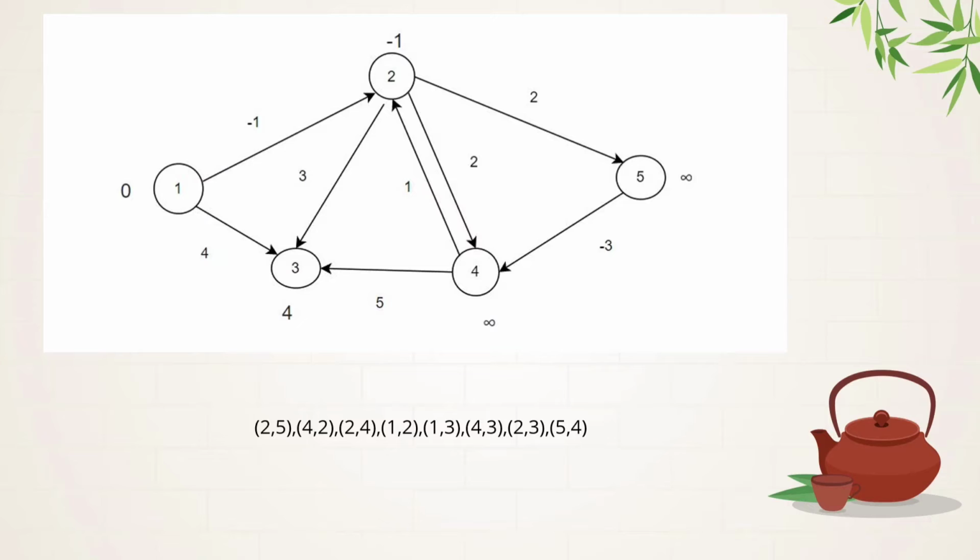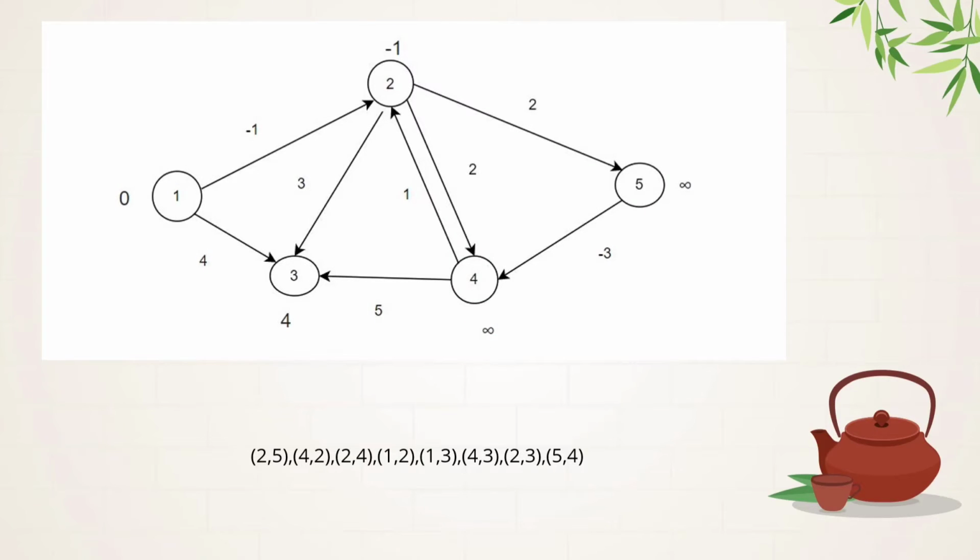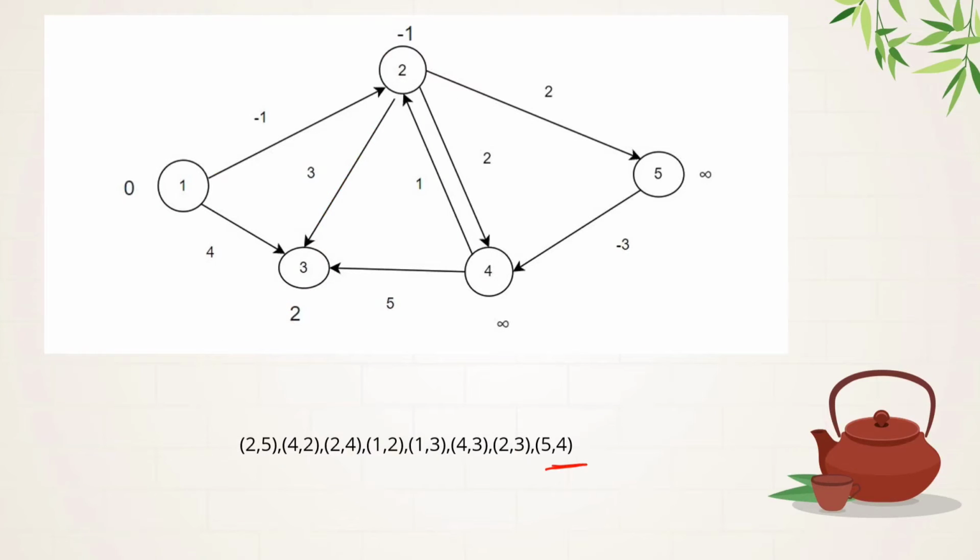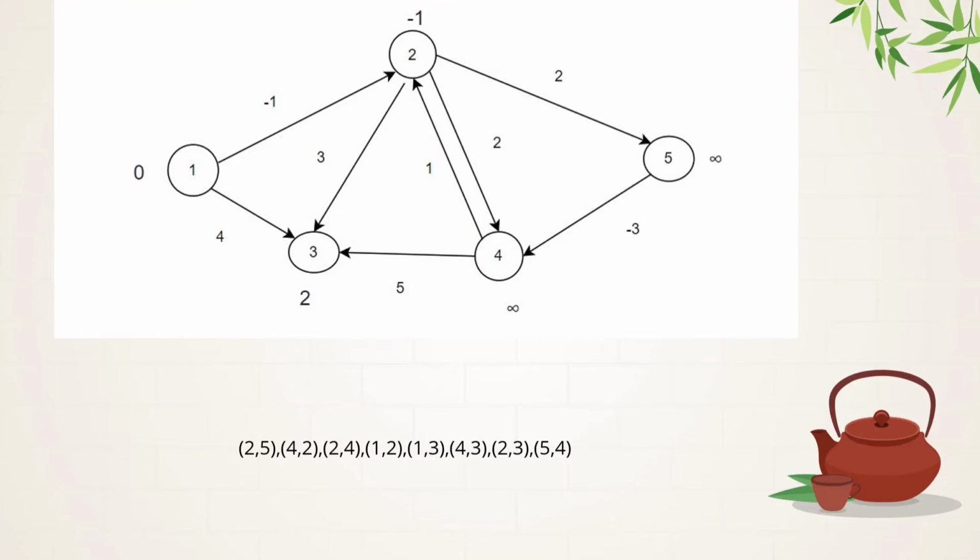Now (4,3), infinity plus 5 is not less than 4, so there is no need of changing this. (2,3), that means minus 1 plus 3 is 2, which is less than 4, so change this to 2. (5,4), infinity minus 3 is not less than infinity, so there is no need of changing this. We have successfully completed the first iteration.